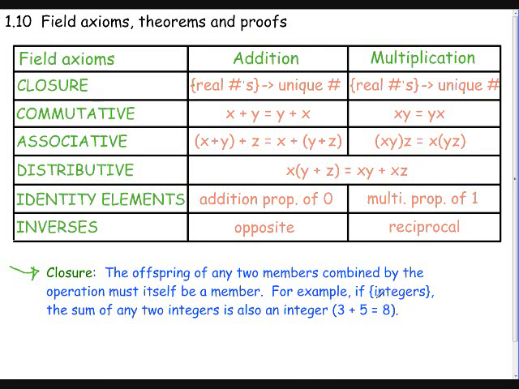If we were looking at integers, the set of all integers, the sum of any two integers will also be an integer. So that's called closure. Here's what it looks like in multiplication. If we have a set of all real numbers, when we multiply any of them together, we will get a number which is itself a member of the set of real numbers. That's closure.